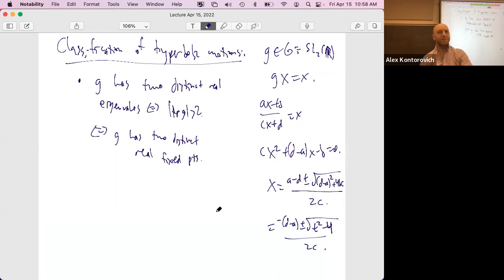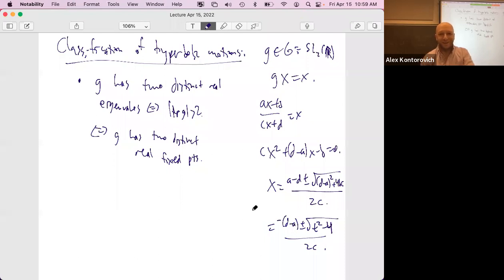I can understand if G has two distinct real fixed points, we can say trace is greater than 2. Yes. But why eigenvalue? We didn't write Gx equal to lambda. Okay, so this was a computation about fixed points. You can also work out what the eigenvalues of G are.